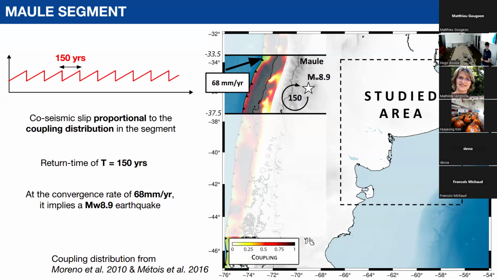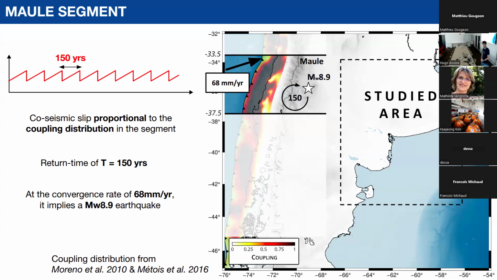Because in your model, there is no lateral variation of your rheology, right? So do you think that in all of South America we should get a good answer with the rheology you found here, or do you think there is lateral variation of this rheology?